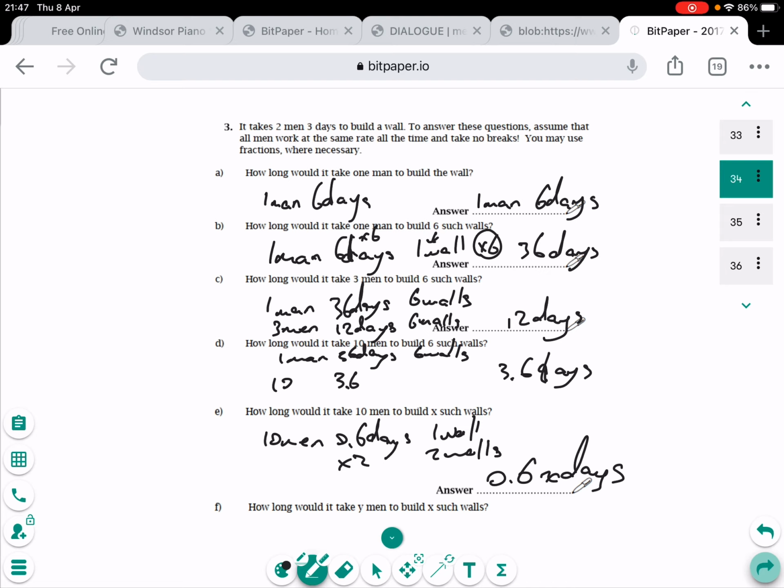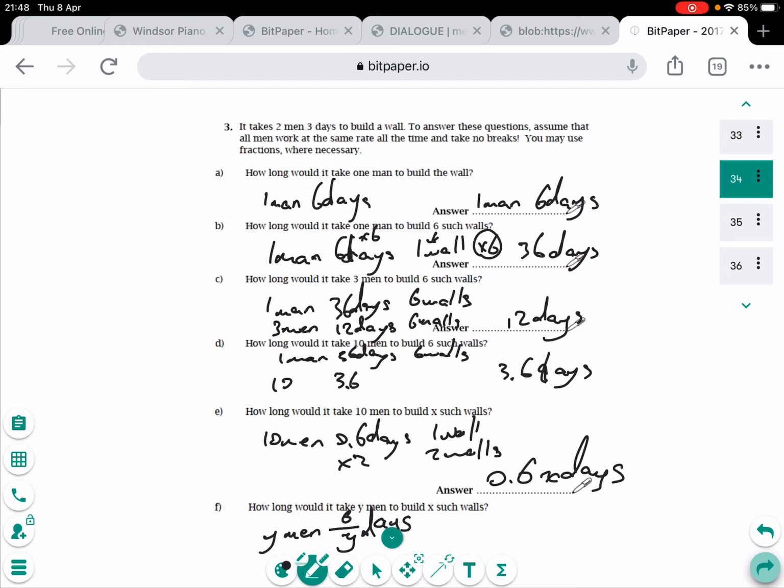And how long would it take Y men to build such walls? So what we do here is, for one man it takes 6 days. So let's say Y men. Therefore, we would need inversely proportional 6 divided by Y days, and you need X walls.